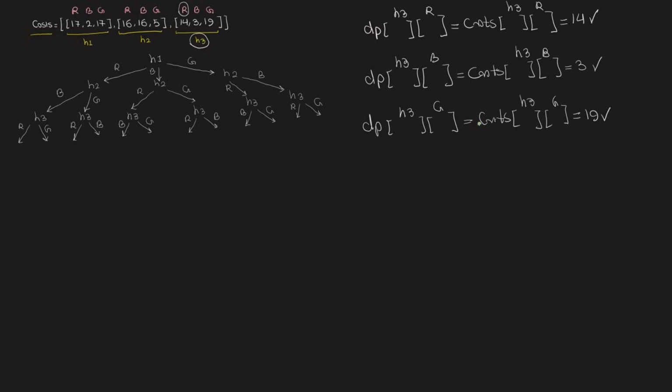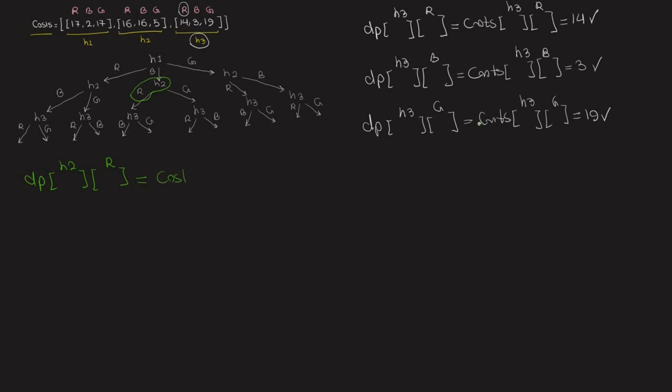Let's calculate the DP for the second house. We could say the DP of house 2 for the color red. So for example, I'm here. Okay, equals, I should pay a cost for painting this house itself. So that comes from our array costs.